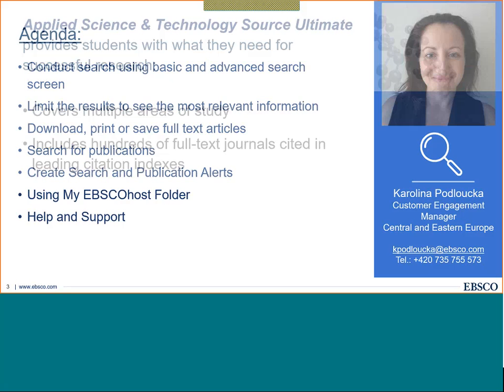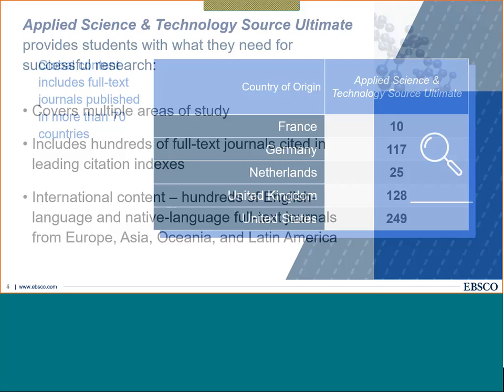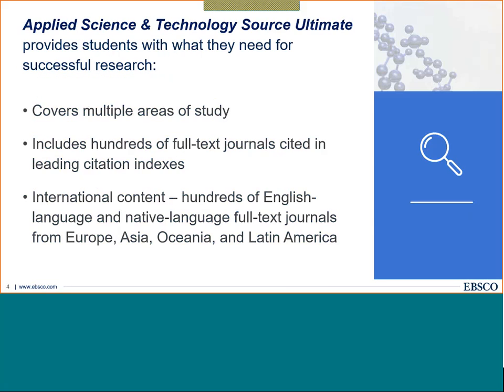So let's start right now. This database is one of EBSCO products. This one is specially designed for students and researchers in the field of science, mathematics, engineering, technology fields, and the related ones.